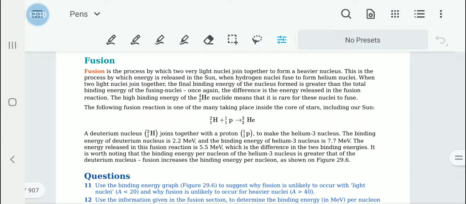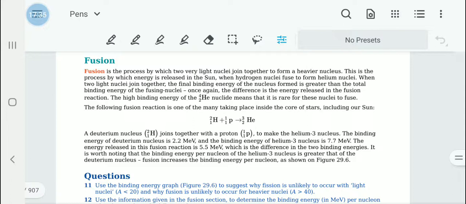As we saw in the earlier chart, the final binding energy of the nucleus is going to be greater than the total binding energy of the fusing nuclei. So the difference in energy is the energy released in the fusion reaction.